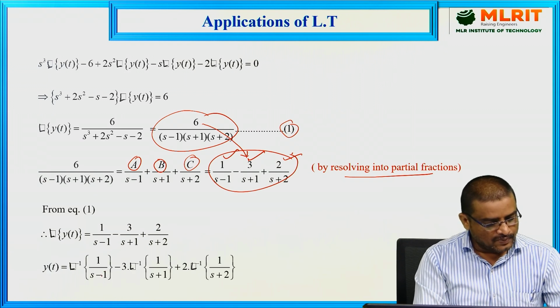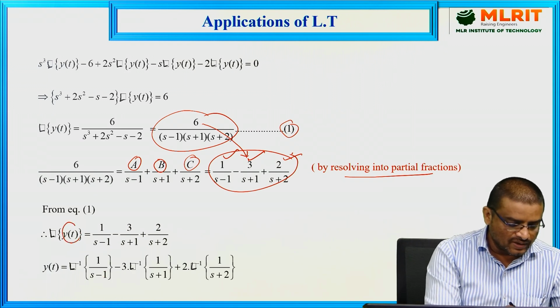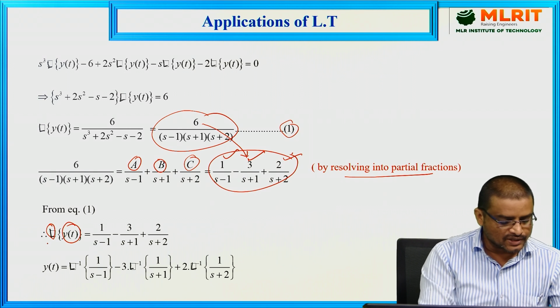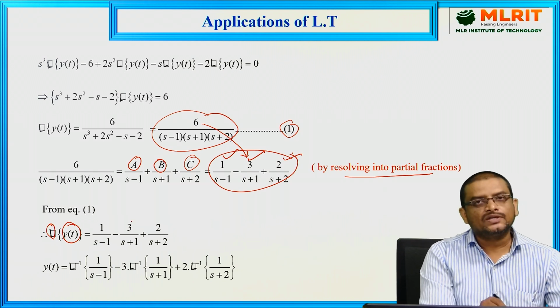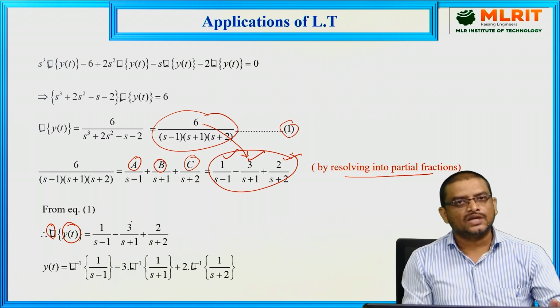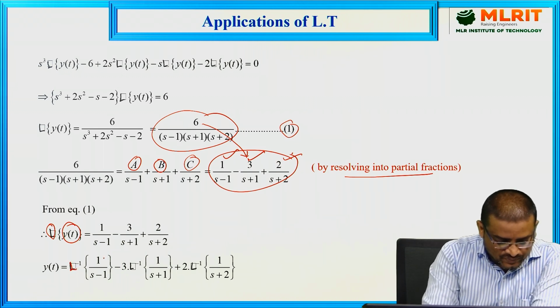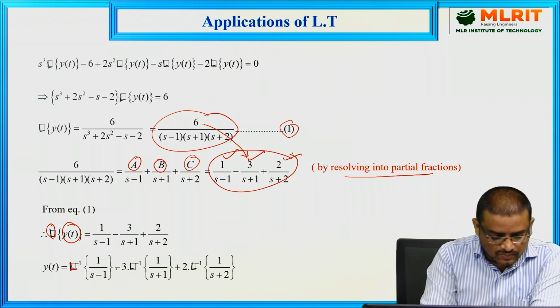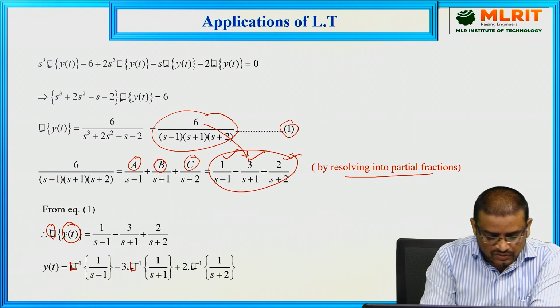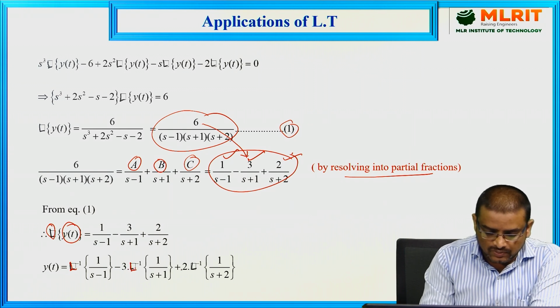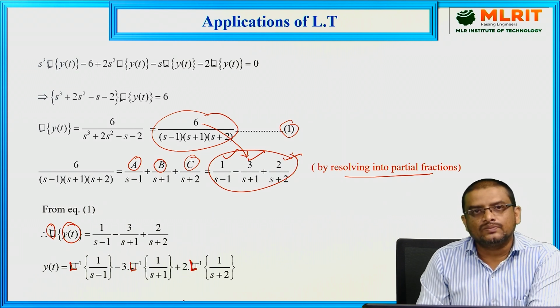Now apply inverse Laplace transform on both sides, since we want only the y of t value. You will get L inverse of 1 by s minus 1, minus 3 into L inverse of 1 by s plus 1, plus 2 into L inverse of 1 by s plus 2.